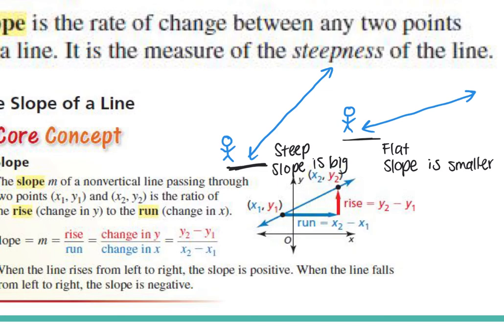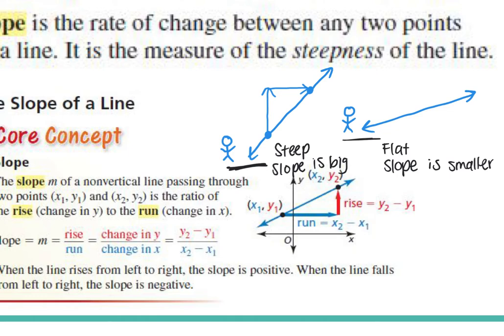Now, specifically, slope is the rise in the vertical direction divided by the change in the horizontal direction. So put 2 points on this line, and draw a vertical component that takes you all the way up to the other point, and a horizontal component that takes you all the way to the second point.